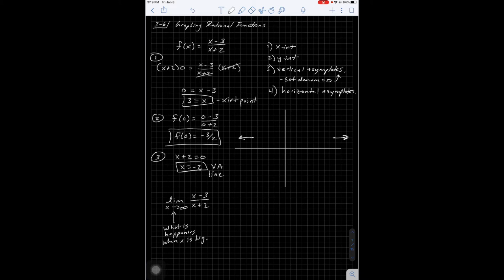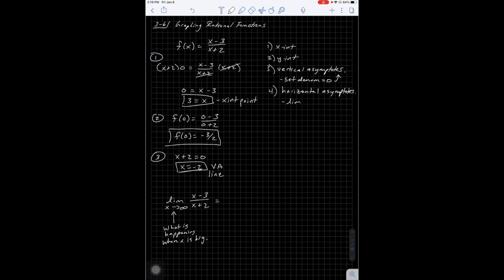So we do a little trick, and we always do the same trick for this, and you will also do this in calculus. We take the function and we divide every term by the highest power of x in the denominator. So I'm going to write that down. What we're going to do for the horizontal asymptote, I'm going to write it under here. Let me erase this.